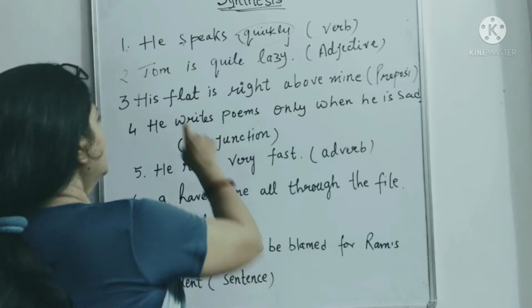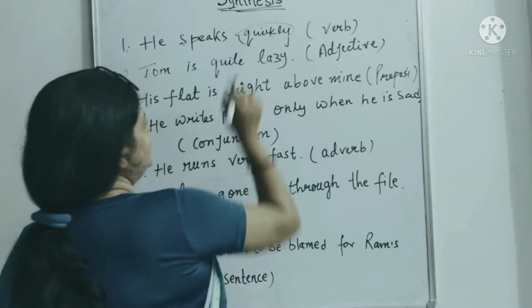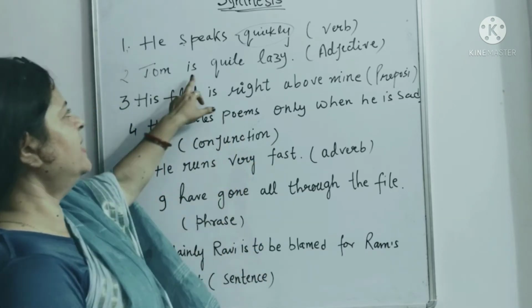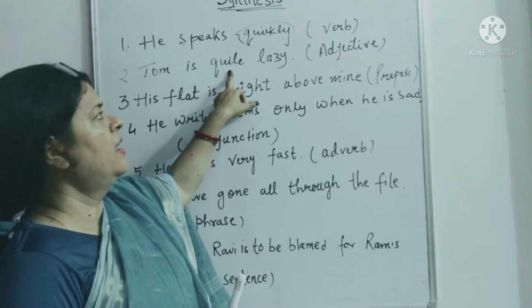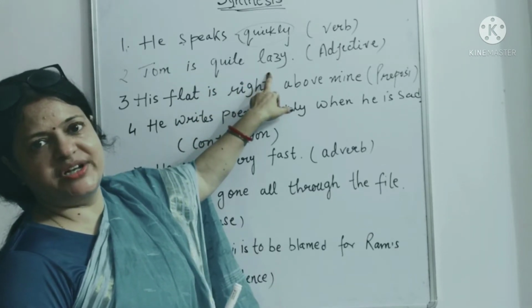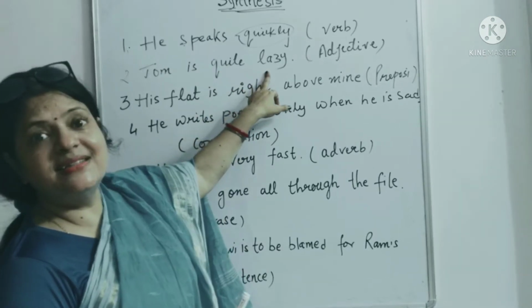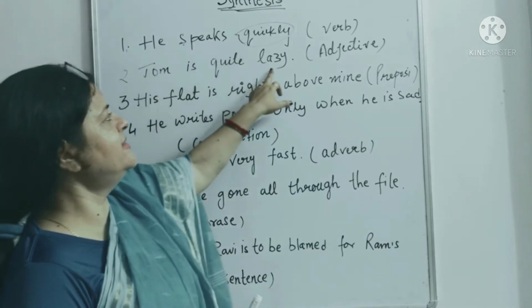Okay, now let's see the second sentence. Tom is quite lazy. So we have seen Tom is the subject, then we have the verb, and then we have this adverb, and lazy, this is an adjective. Tom is lazy. Lazy is an adjective, telling about Tom's quality that he is lazy.